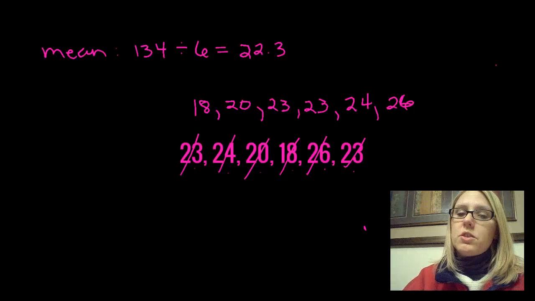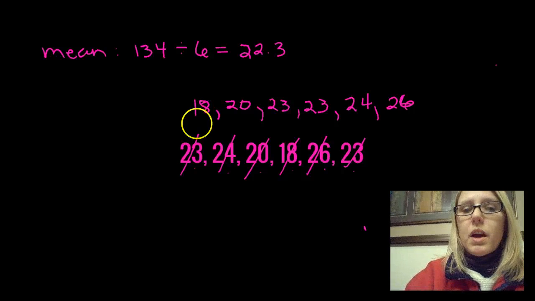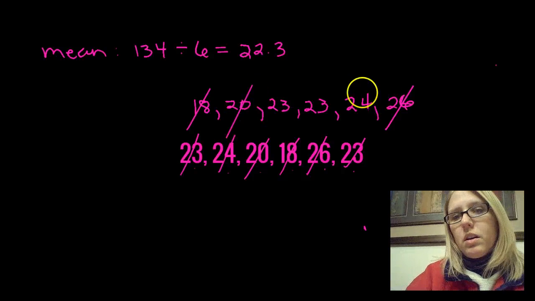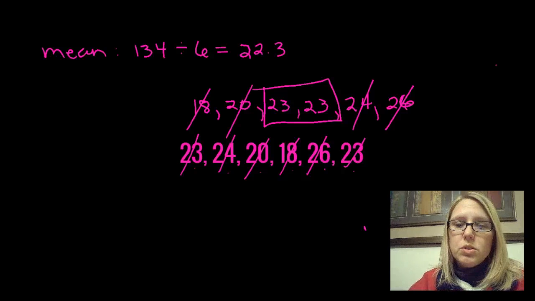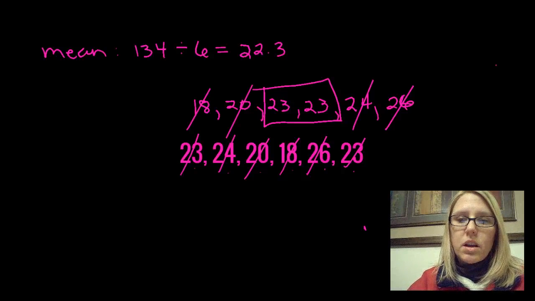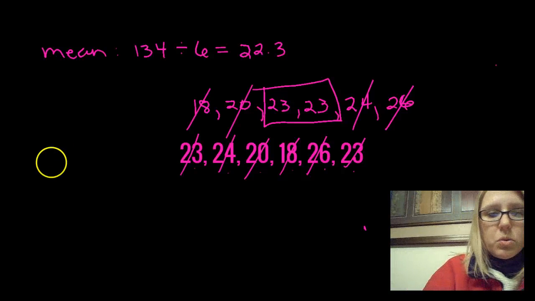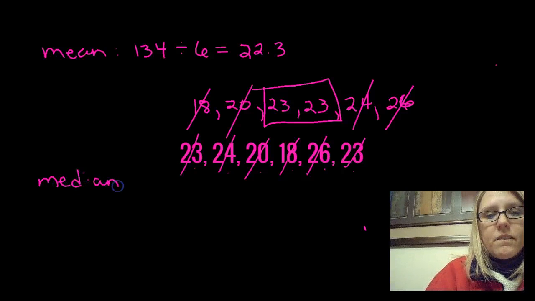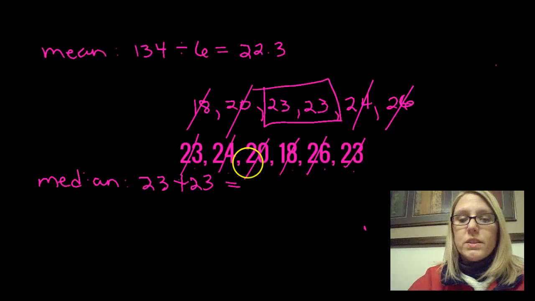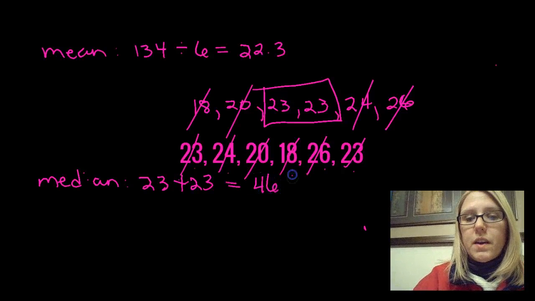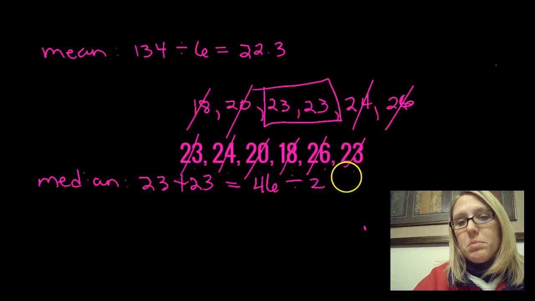Okay, so now we have them in order from smallest to largest, and we are going to eliminate the smallest one and the largest one until we get to the middle. When we do that, because we have an even number of numbers here, we have 2 that are in the middle. Normally what we'd do is add those 2 together and divide by 2 to find the average. So 23 plus 23 equals 46, and then we divide that by 2, which happens to be 23 again.